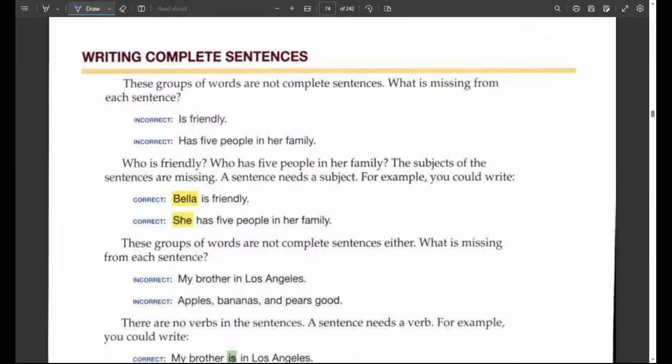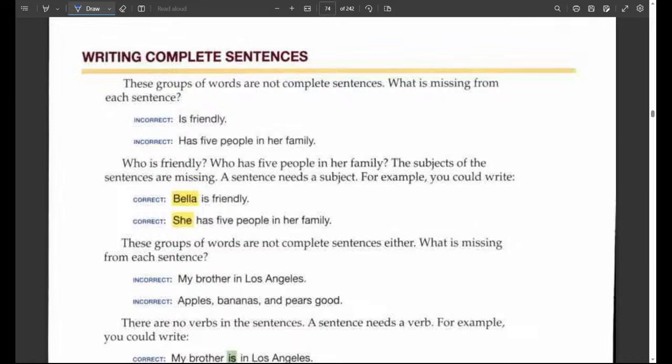Let's go to writing complete sentences. These groups of words are not complete sentences. What is missing from each sentence? Is friendly.